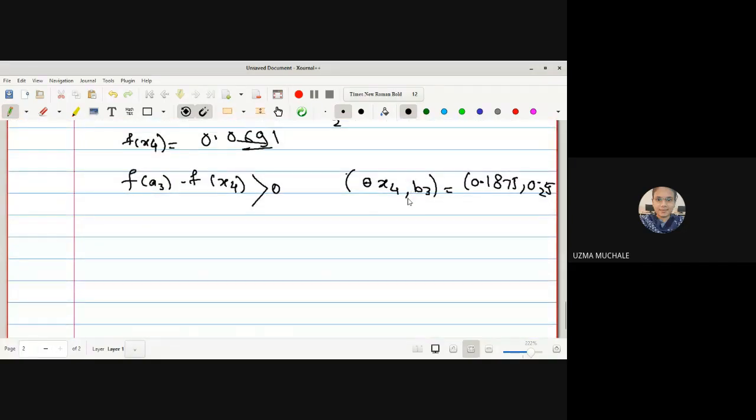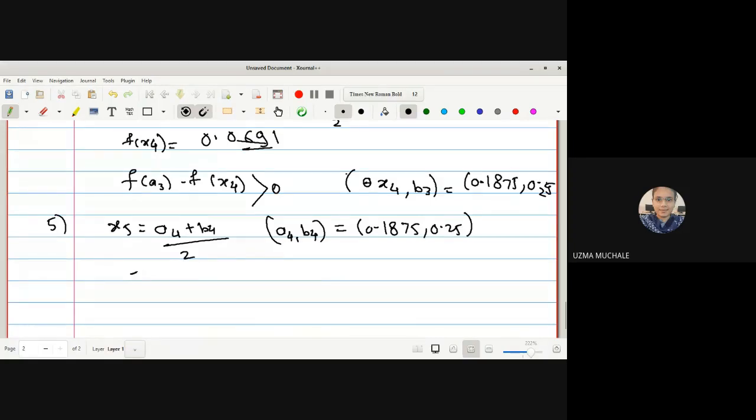Now what is the next step? The next step we can say is x5, that is nothing but the last step. We can say x5 is equal to a4 plus b4. Now, first we'll rename the interval. The a4 and b4 are x4 and b3, which is 0.1875 and 0.25.